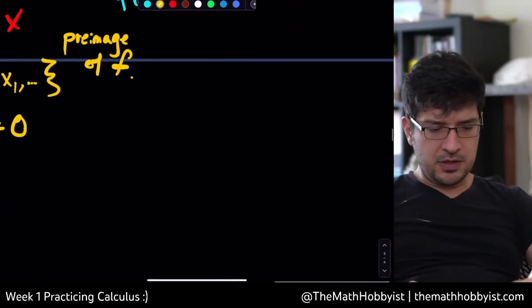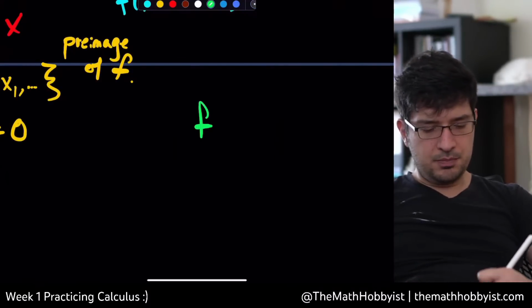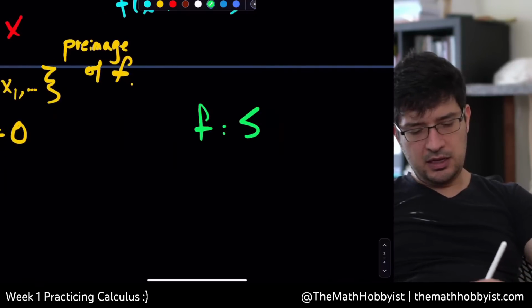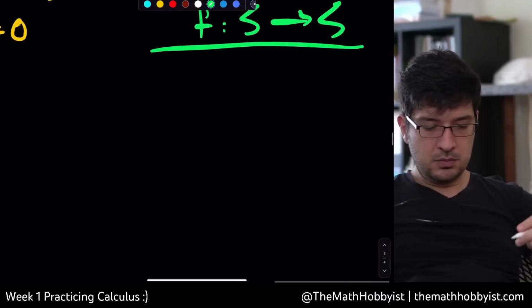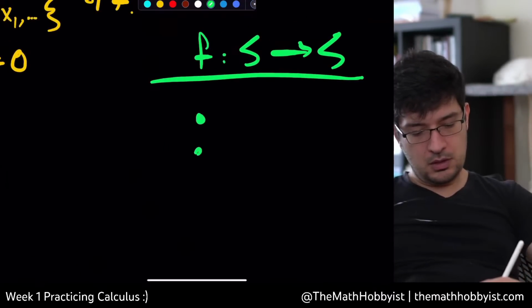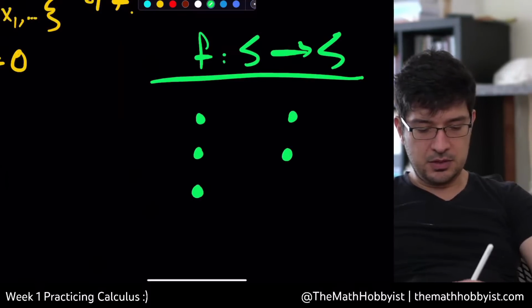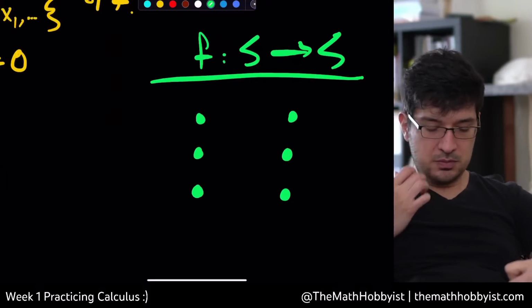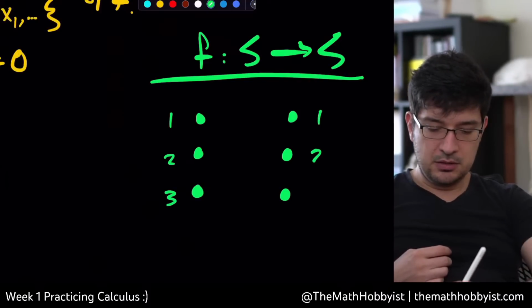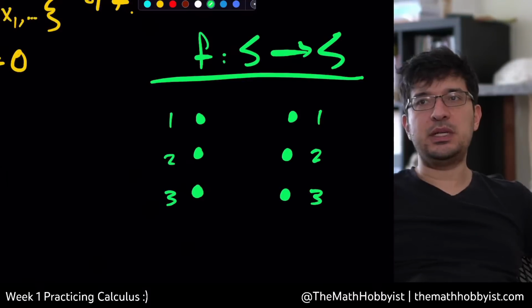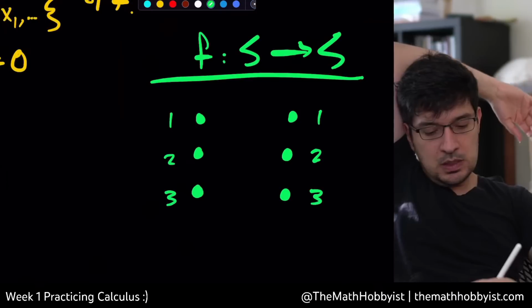What about another function that looks like this? And I'm still thinking from an arbitrary set to itself. Maybe it has 3 things in it, which, for the sake of convenience, I'm going to call 1, 2, 3. But they can be 3 things, 3 points, 3 items.